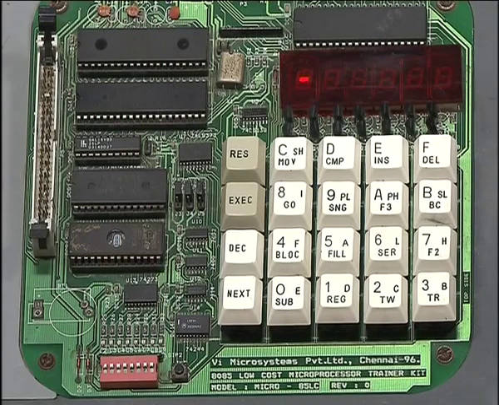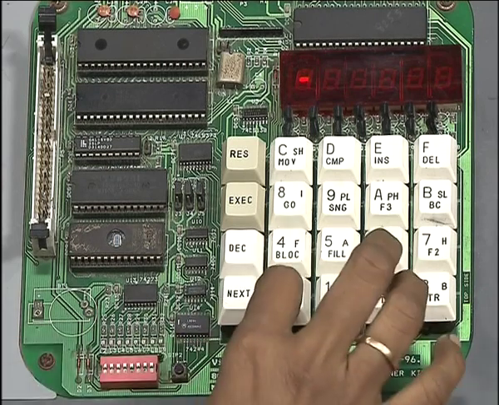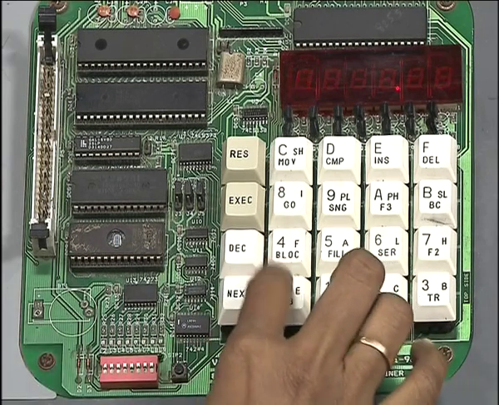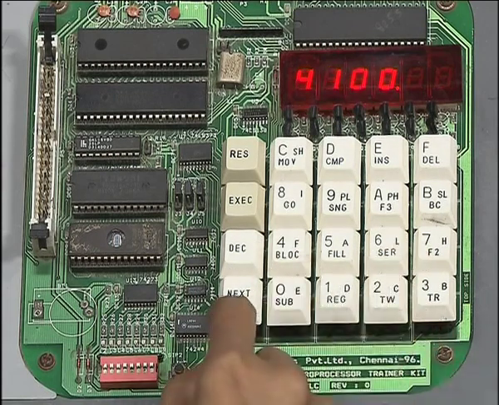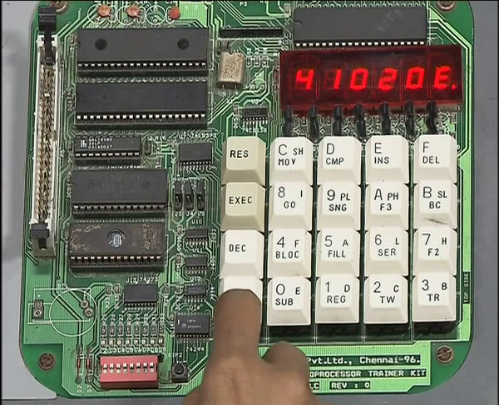Now we will check how to execute the second program, addition of two 8-bit numbers with carry, that is the sum of 85 plus 99. I will take the address 4100 to type the program. By pressing next you can continue: MVI A, 85, so 3E 85, then MVI C, 0E 99, then MVI B, 00.